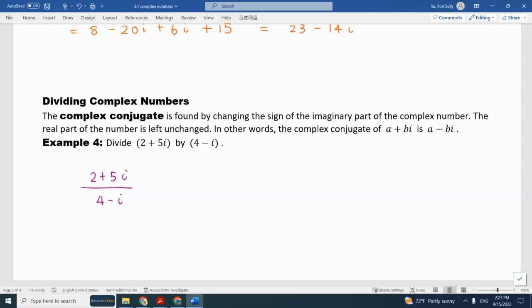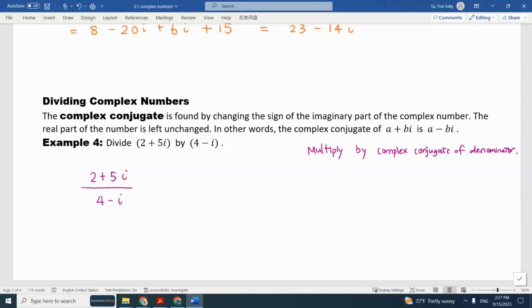Alright. So how do we divide complex numbers? We multiply by the complex conjugate of the denominator.